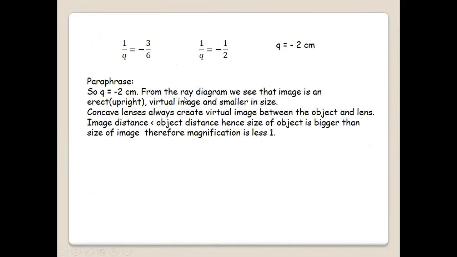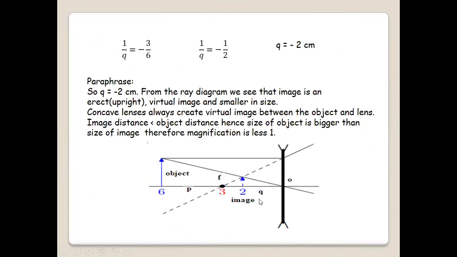Again, the minus 2 means that it is a virtual image, and if I draw the ray diagram for it, you can see that this is the object. The ray parallel after refraction will diverge, but diverge means that it appears to be coming from the focus. And this ray is passing unrefracted. Where the two rays meet, you can see that the distance from the optical center to this image must be equal to 2 centimeter.